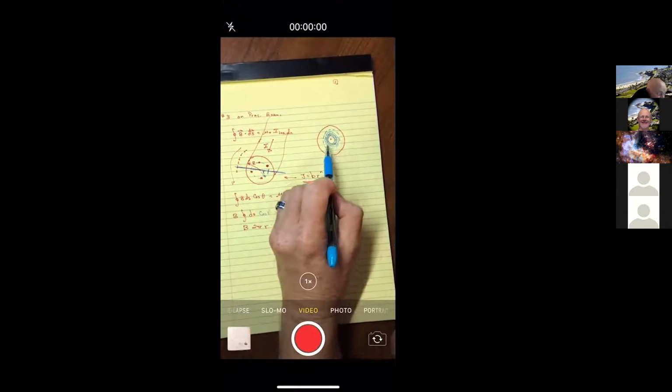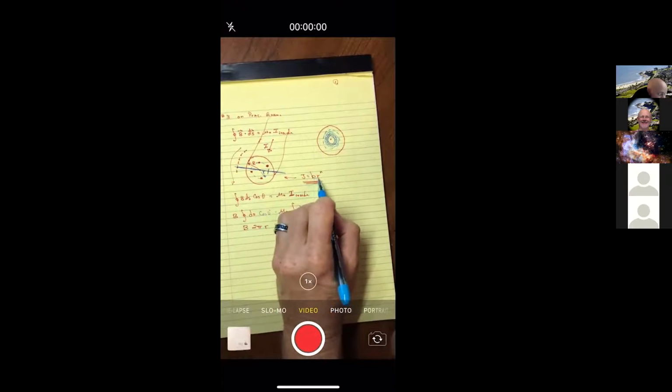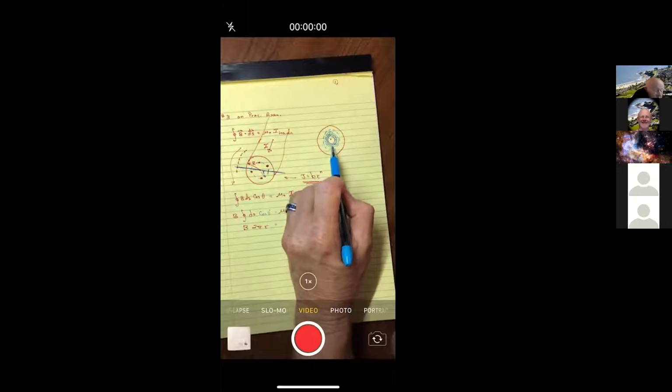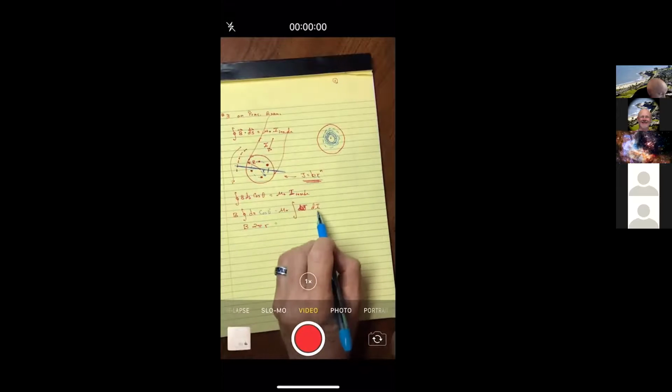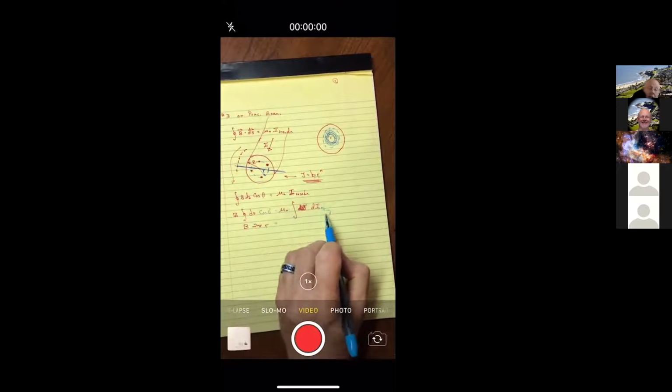But I know that in all these rings that I could add up, because it depends only on R, they all have the same current density in that ring. And that's going to be the key to this problem. I'll just put the word ring right here: this is the current in a ring.